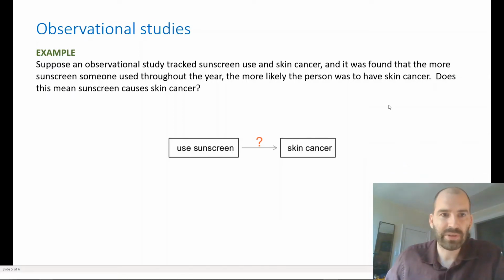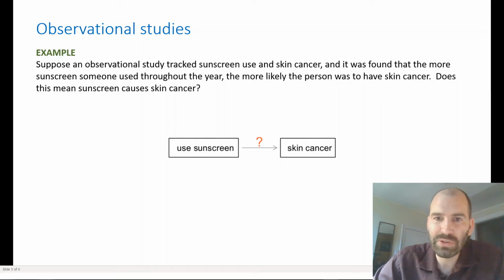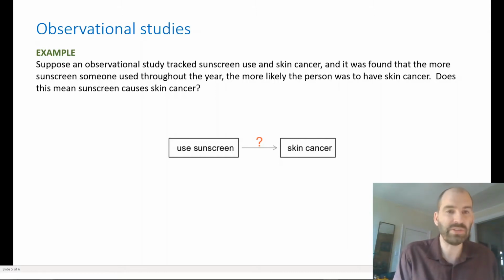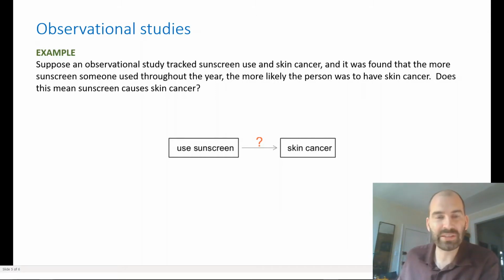Here we have an observational study that tracked sunscreen use and skin cancer, and it was found that the more sunscreen someone used throughout the year, the more likely the person was to have skin cancer. Does this mean that sunscreen causes skin cancer? No, we got the more sunscreen you use, the more likely you're going to get skin cancer.